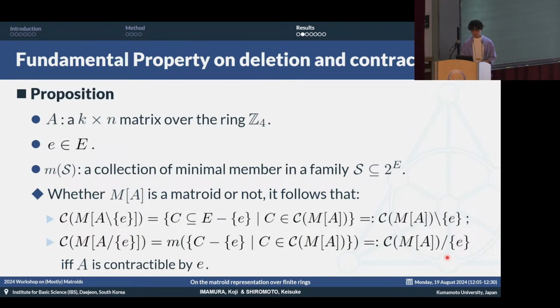First of all, we made sure that fundamental properties of deletion and contraction hold for our definition over Z4 as well.